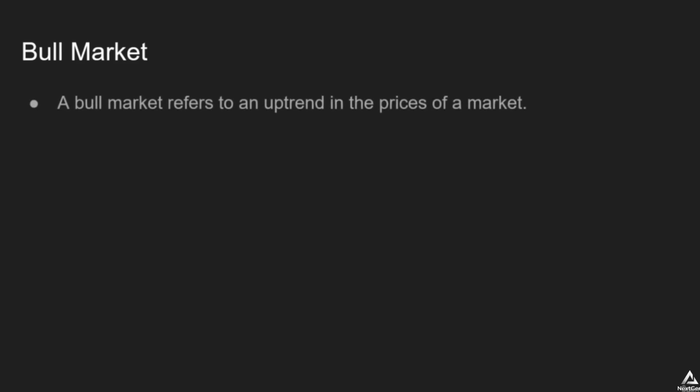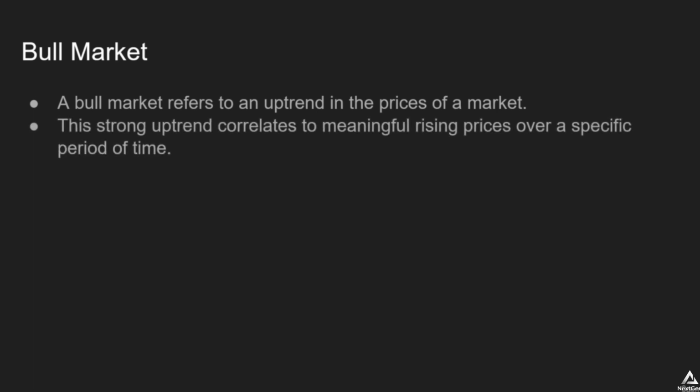So let's talk about bull markets. A bull market refers to an uptrend in the prices of a market. This strong uptrend correlates to meaningful rising prices over a specific period of time. We're starting to see higher highs, higher lows. The market is overall moving up.